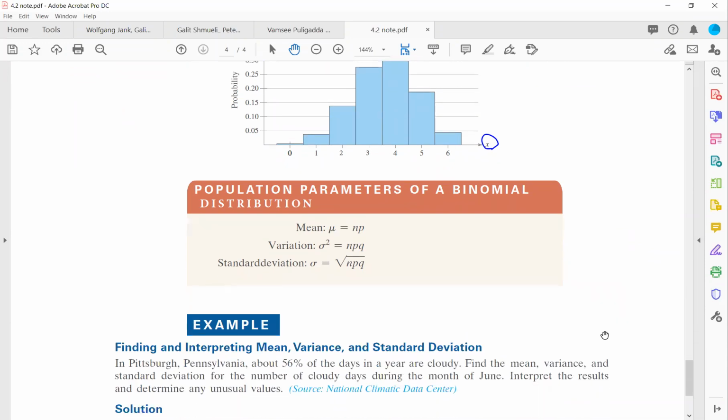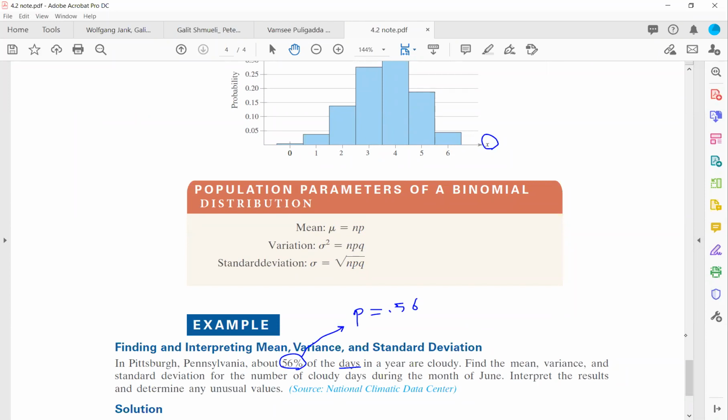One example to clarify this. In Pittsburgh, Pennsylvania, about 56% of the days, okay, 56%, so it means that your P is 0.56, days in a year are cloudy.